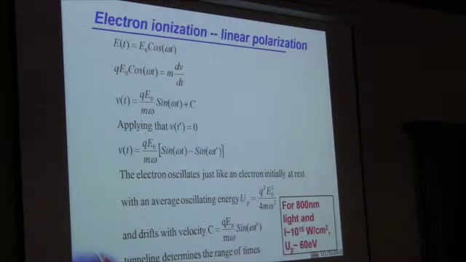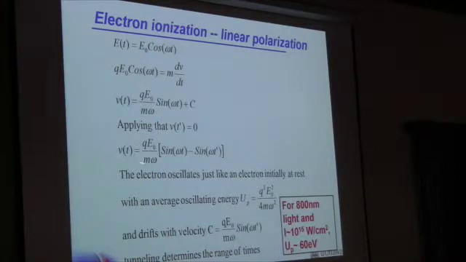If you think about the laser field, E as a cosine omega t field, and we think about the electron as being created by tunneling out, let's imagine it tunnels out at some time, and we can associate the time. Then we can solve F equals ma, and we can calculate the characteristics of the electron born at any given time as a result.